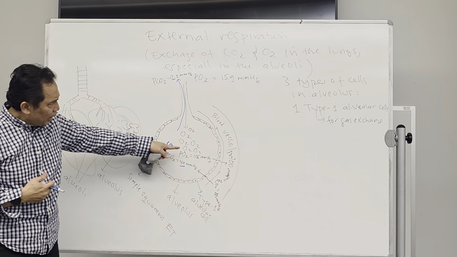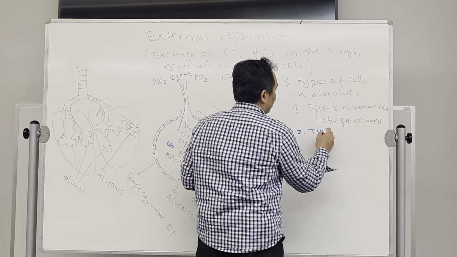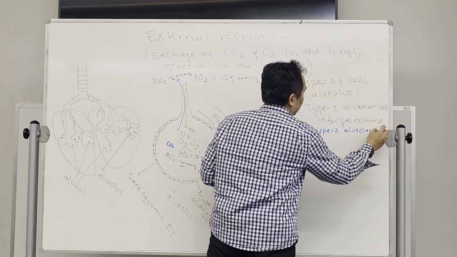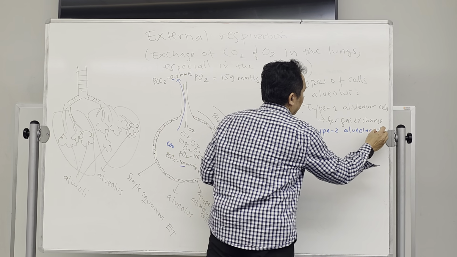that's the first cell. Remember, there are 3 types of cell. The second type of cell, I'm going to use, let's say, blue color over here. It's called the type 2 alveolar cell. Let's say we're going to use over here type 2 alveolar cell in the lumen of the alveolus. And this type 2 alveolar cell will produce a chemical called surfactant.